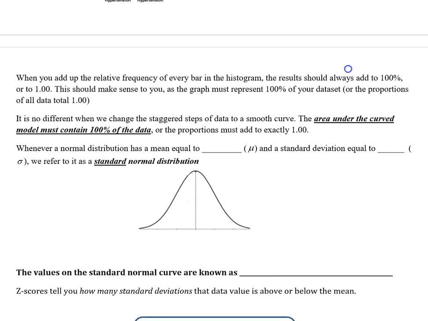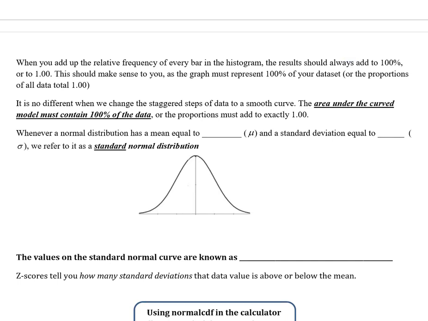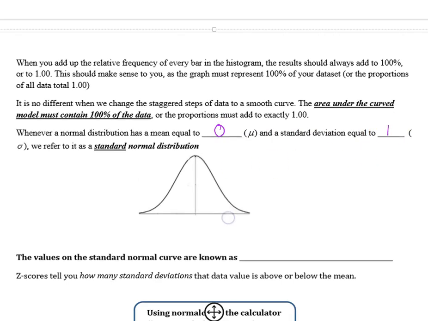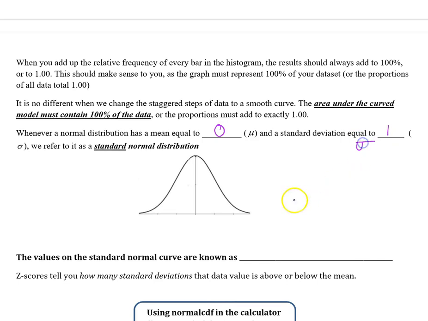Whenever we have a normal distribution, and its mean is 0, and its standard deviation is equal to 1, so that's this upside down baseball cap looking thing, we refer to it as our standard normal distribution. And again, that means that the area underneath this curve, if I were to find the area under the smooth curve, will always add to 1.0.